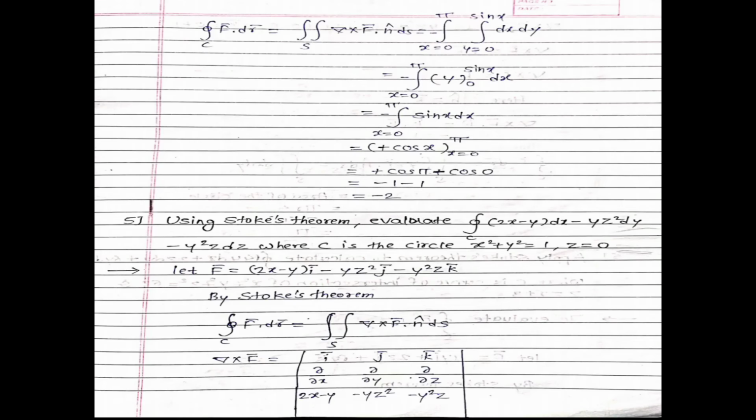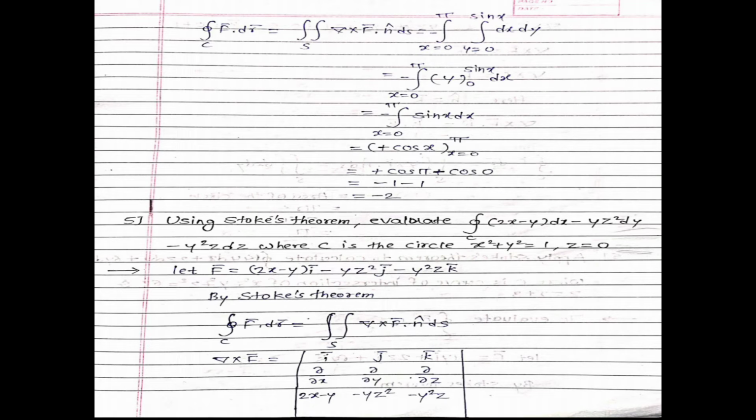After putting we will get the double integration over surface S of minus ds. Now the surface is all about two planes, x and y, there is no z plane, so we can write this as dx dy, and the minus sign is taken out of the integral.